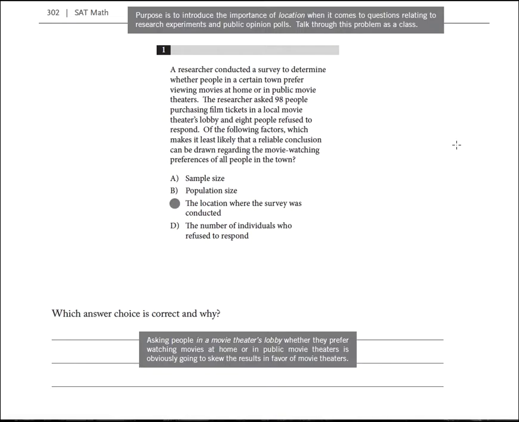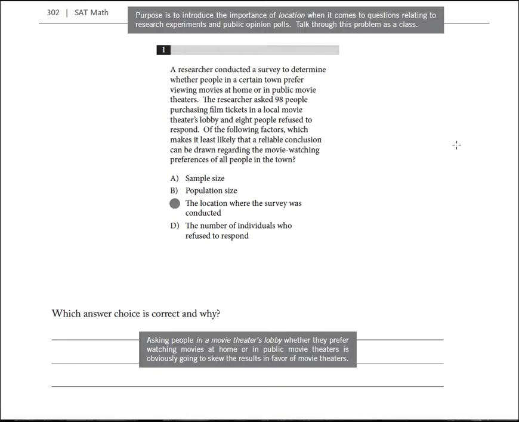Who can tell me? Ellen, yeah, you're right. Because obviously those people are people who are out at the movies, so they're far more likely to want to go out to the movies rather than watch Amazon or Hulu or Netflix or what have you, right? So that would bias the results. That would skew the results of that public opinion poll.